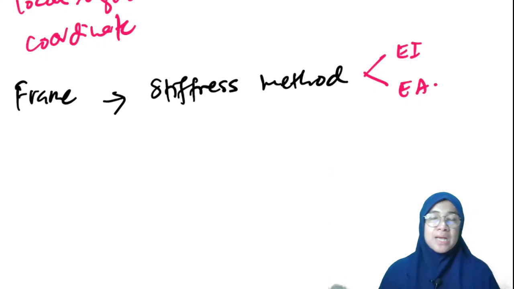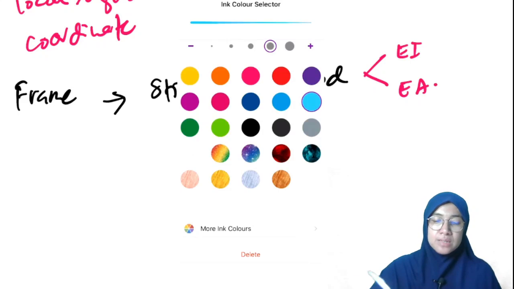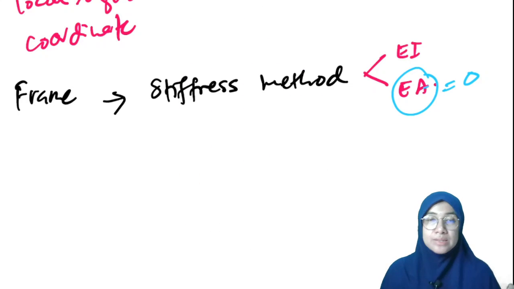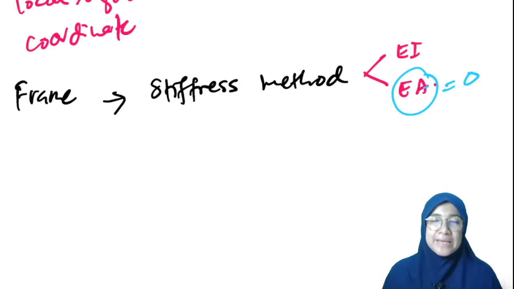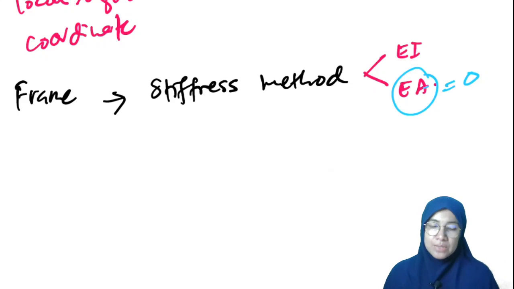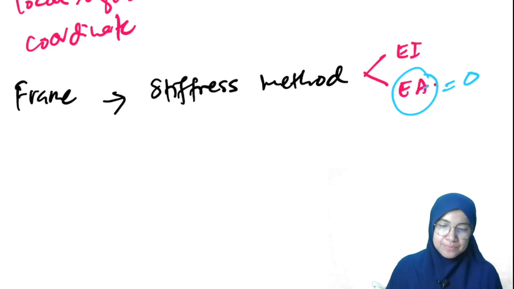However, in most cases, A is equal to 0. So in the formula, we only have to consider the EI effect. So let's look at one frame example. I just want to draw a simple frame, like this. Okay, consider this one.